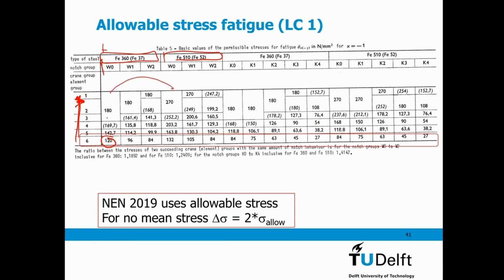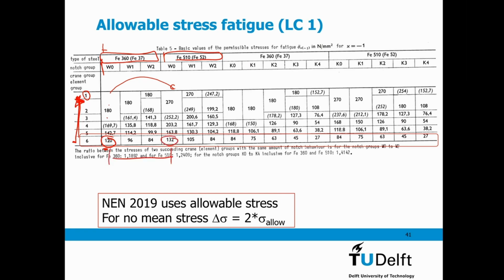So if I have a higher material group, I can allow a bigger fatigue stress or stress variation, but only if the number of load cycles is not too much. Because if I go down, I see in the end at crane group 6, I have here 120 and here 132.